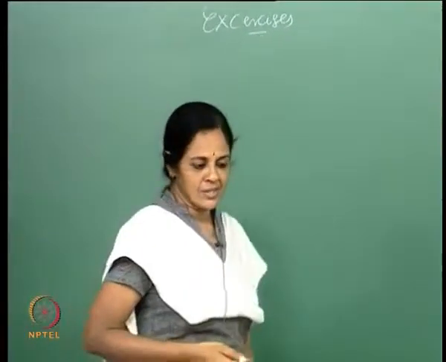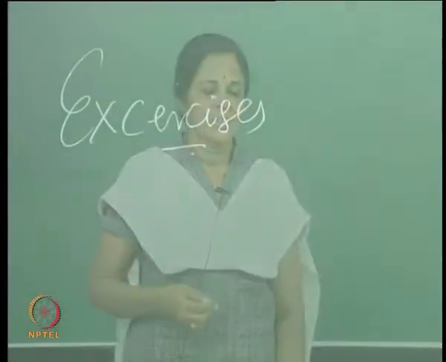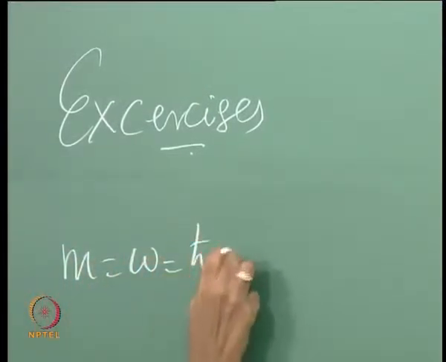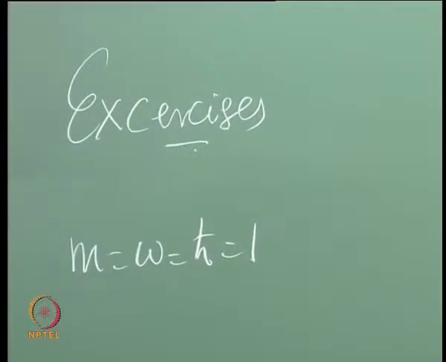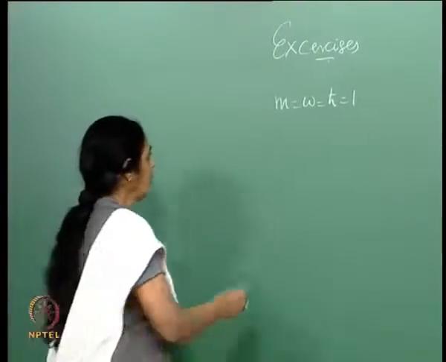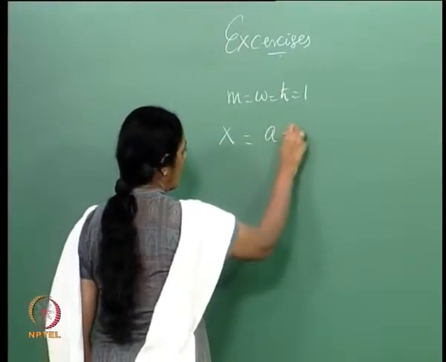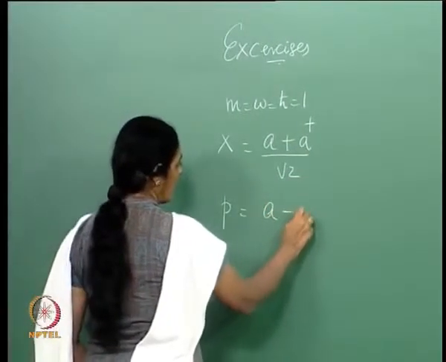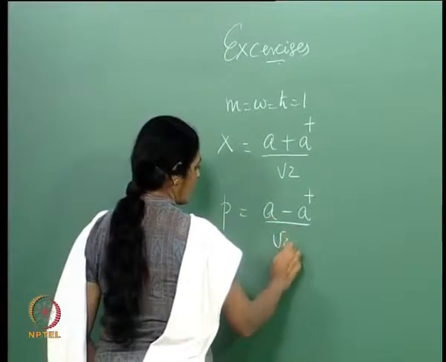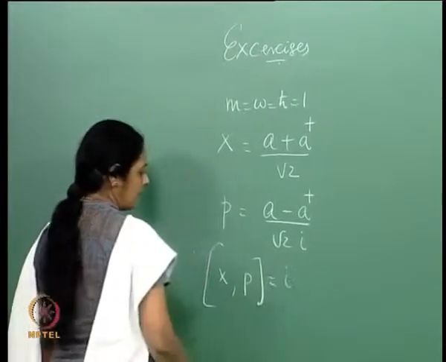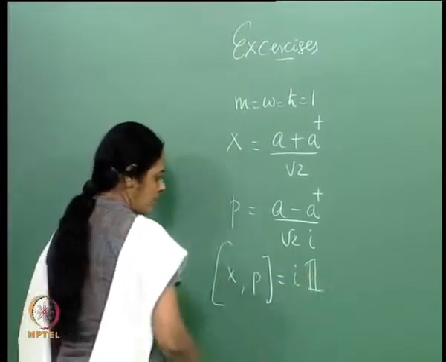The first exercise pertains to the harmonic oscillator, the linear harmonic oscillator, for which if I set m equals omega equals h cross equals 1 for simplicity, I can always put them back later once I do the calculation, then x would simply be (a plus a dagger) by root 2 and p would be (a minus a dagger) by root 2 i, and of course the commutator [x, p] is i times the identity operator.